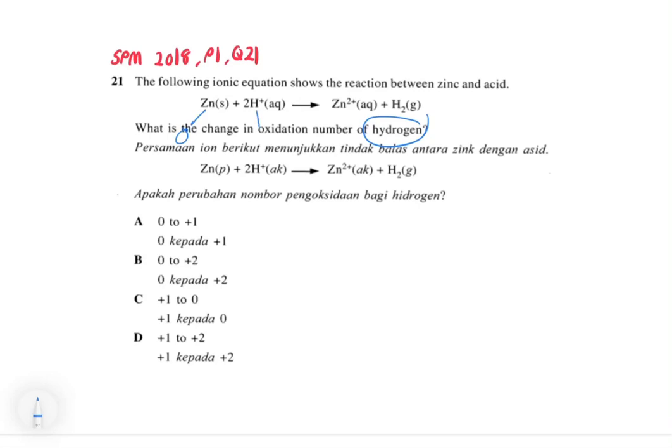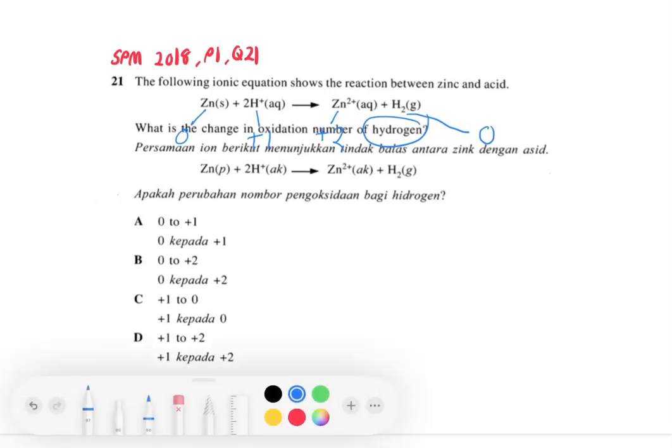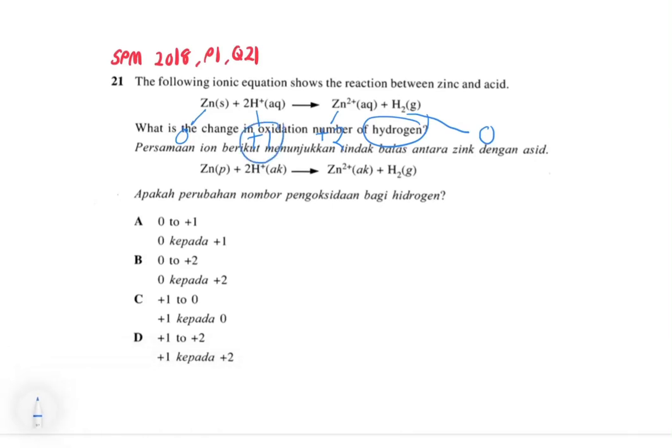The oxidation number of hydrogen ions equals its charge, which is +1. Zinc will be equal to its charge, which is +2. And hydrogen in its elemental form as a molecule is 0. So the oxidation number of hydrogen goes from +1 to 0. So that is C, +1 to 0.